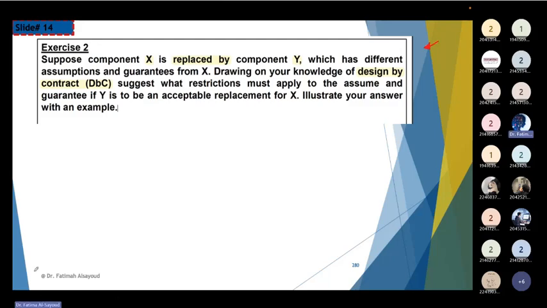How are you going to define if you can replace a component X with a component Y, when it's accepted and when it's not accepted, based on design by contract. So the questions can be based on design by contract, explaining if you can replace X with Y. We always emphasize that we're going to rely on design by contract when replacing two components.